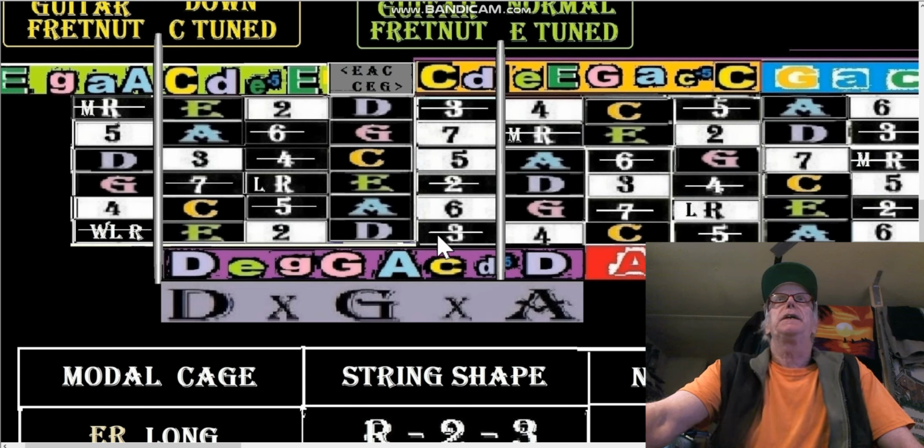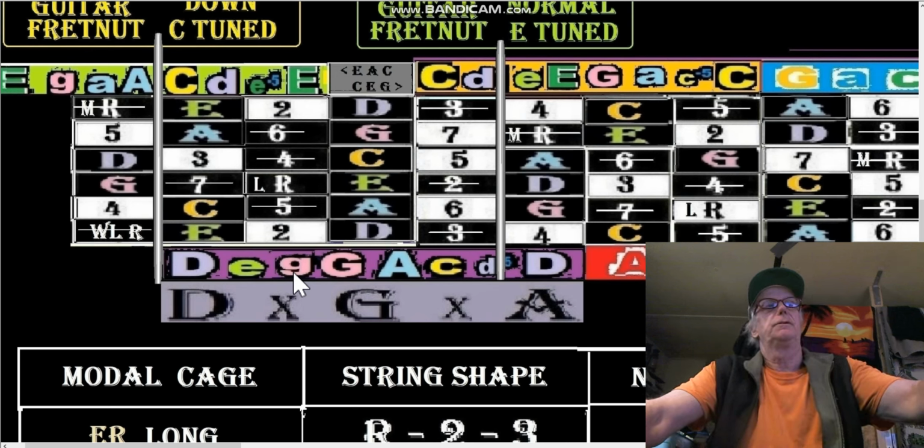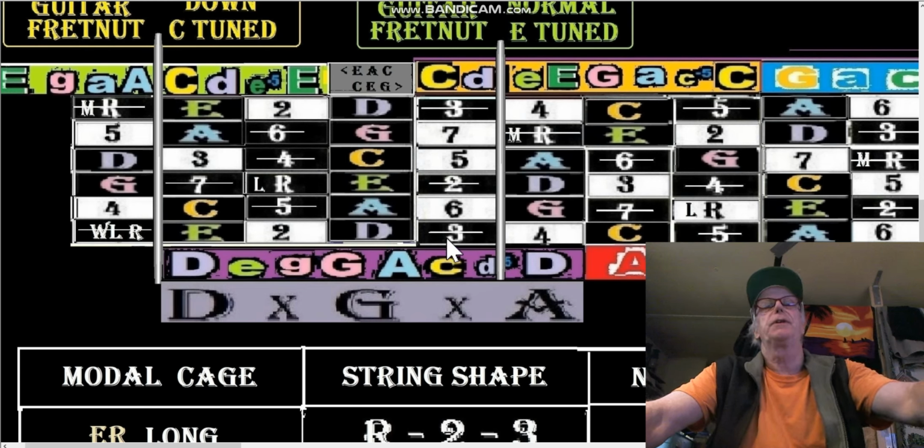If we can't get this 3 5 7, actually it was the G minor, so it would be the third, so it's going to be root position 3, 5, 7. So if we can't get this 7 because of the fret nut, we're going to go to the next cage shape from that G minor.